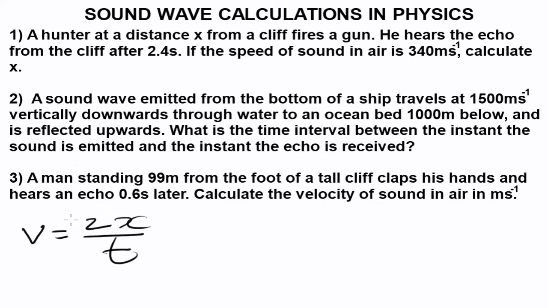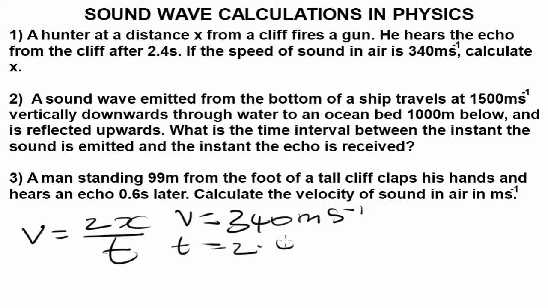So from this question, let's bring out our parameters. We have our v to be 340 meters per second, and we have our t to be 2.4 seconds. We don't have our x, we're looking for distance. So all you have to do now is to input these parameters in this formula to get your x.